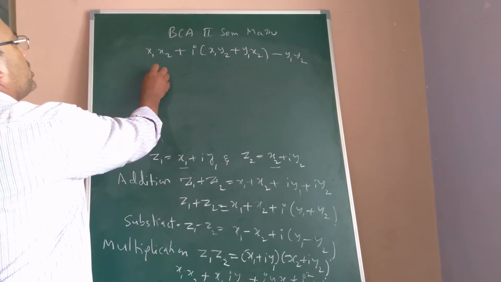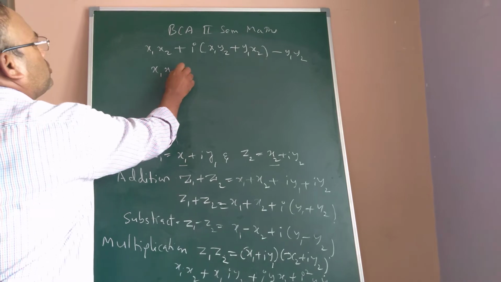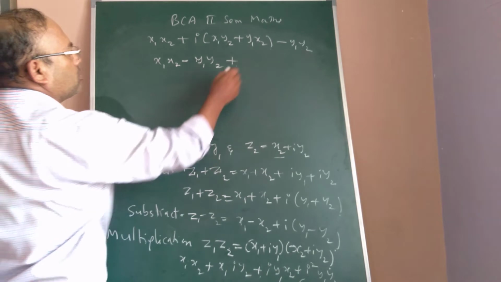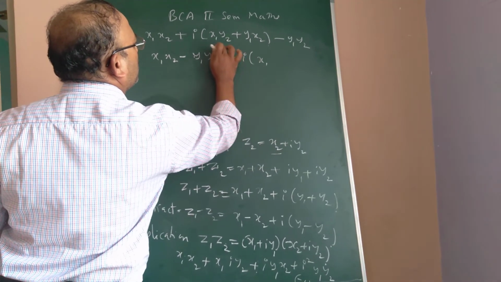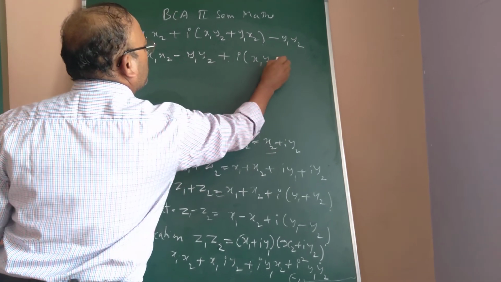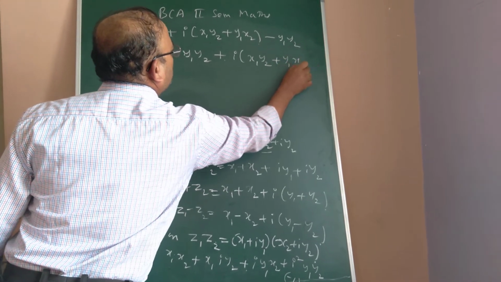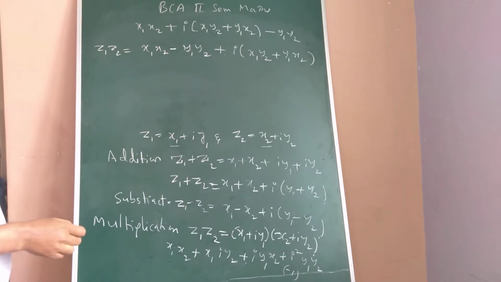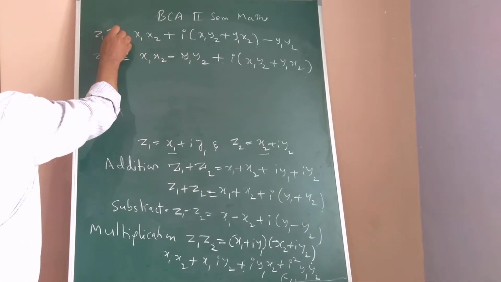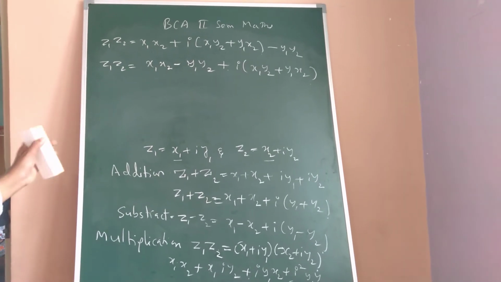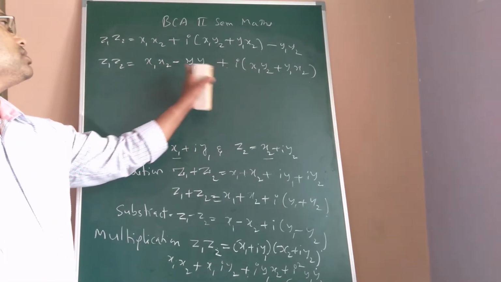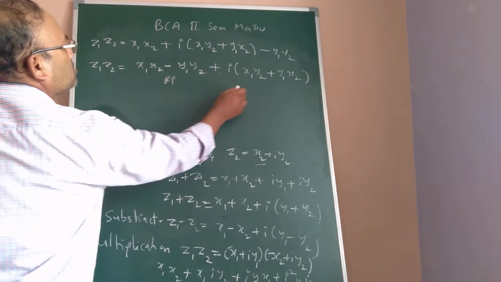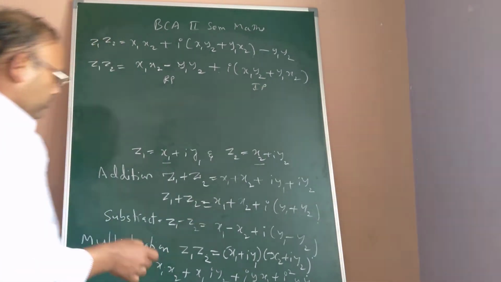Now you can rewrite this as x1 x2 minus y1 y2 plus i into x1 y2 plus y1 x2. This is z1 z2. When we multiplied the complex numbers, we got the answer like this. This is the real part and this is the imaginary part.